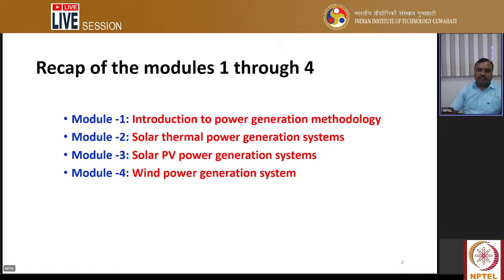Also, we have solved a sufficient number of numerical problems to get an idea of wind power plant design. And at the end of this module, we have introduced the concept of wind farm.